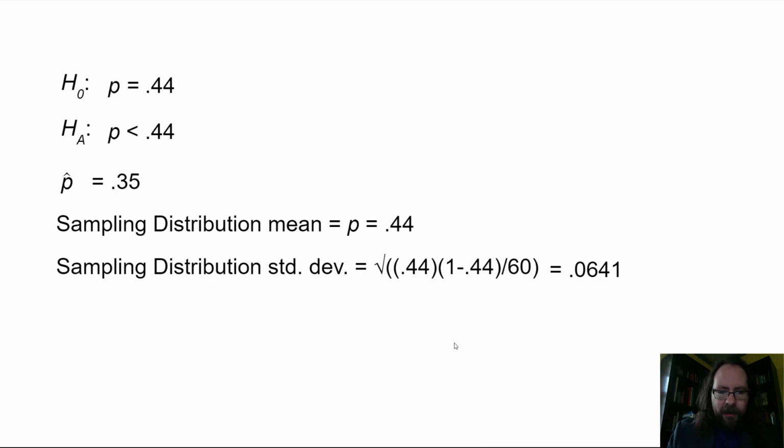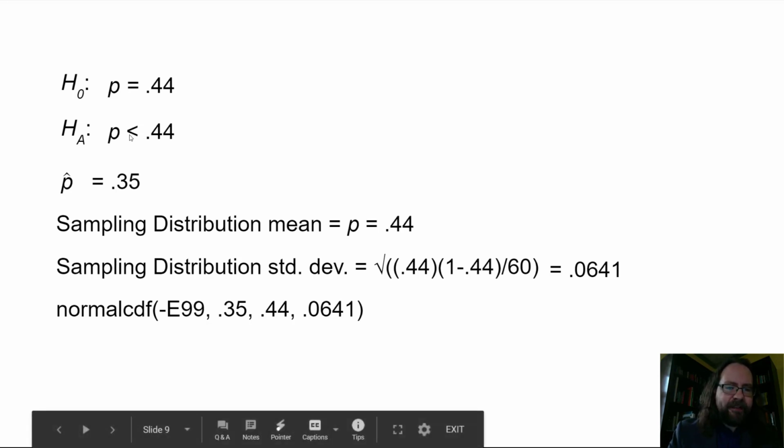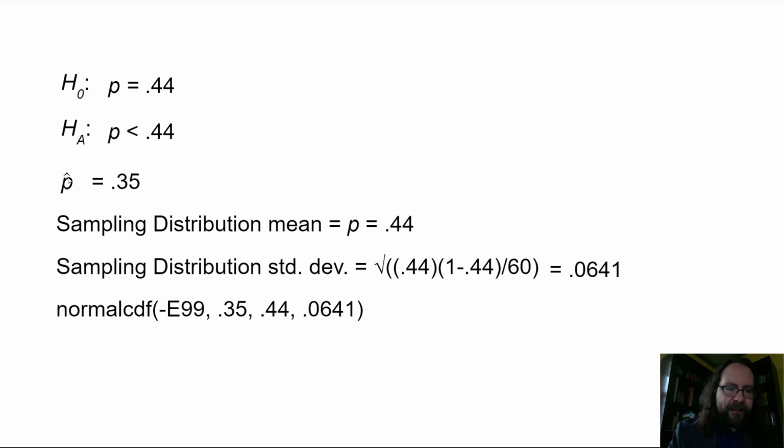But now we're going to do our normal CDF. Now it changes a little bit here because, again, what does more extreme mean in this case? Since we're considering values less than 0.44, more extreme would be less than our p hat. So our left bound is going to be negative infinity, essentially, in this case negative E99. Our right bound is 0.35.